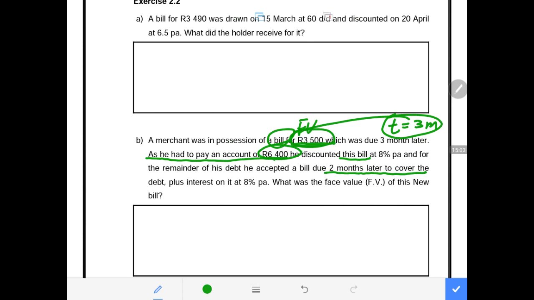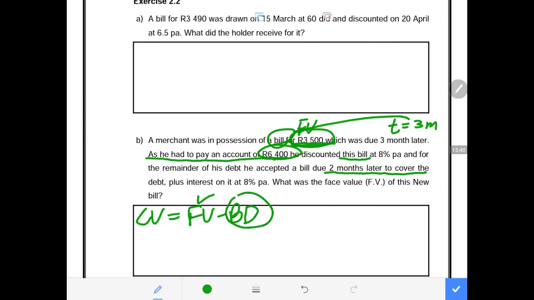So now let us calculate what we call the banker's discount, so that we know how much was the cash value, meaning cash that was received out of the bill that was worth 3.5, so that the amount he received from the bank, he will use to pay the account that he is owing. So now we are looking first for the banker's discount in order for us to get to the cash value. Remember, the cash value of the bill is equal to face value of the bill minus banker's discount. That is why now we need to calculate the banker's discount.